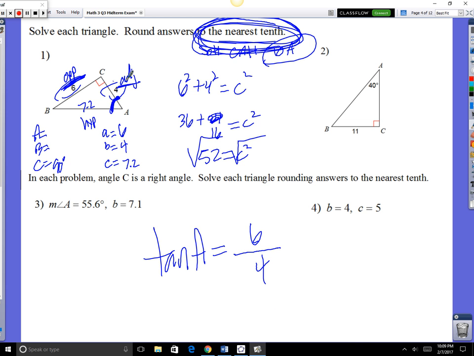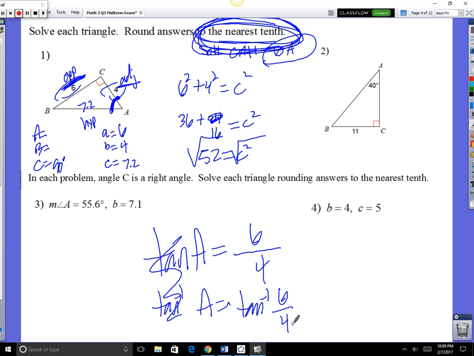Now the trig is done, so now it's algebra. And if you want to solve for A, you need to undo the tangent. And the only way you can undo tangent is to do inverse tangent. So that undoes tangent, so we just have A equals, but you got to do inverse on this side. So inverse tangent this one, and then that's calculator.